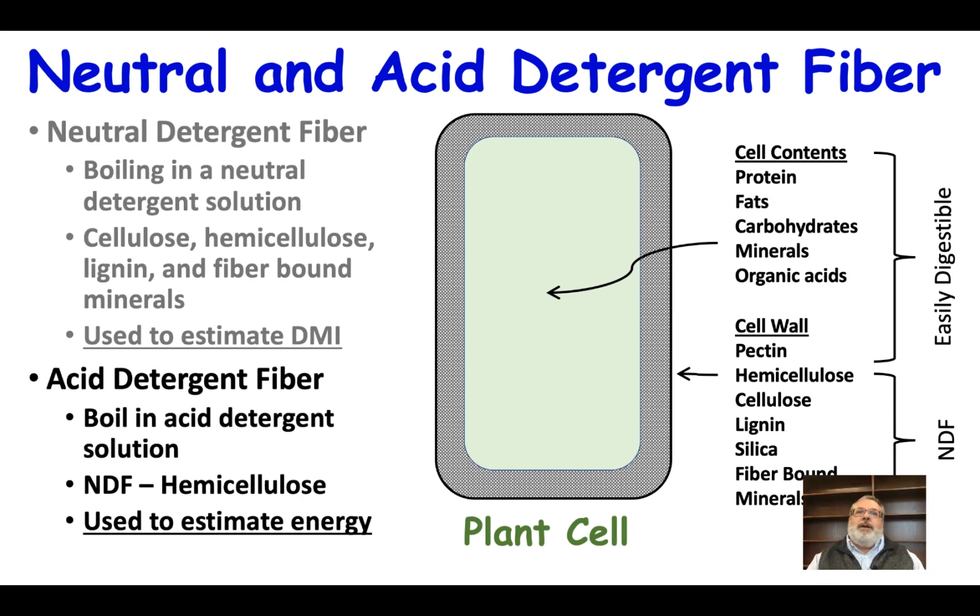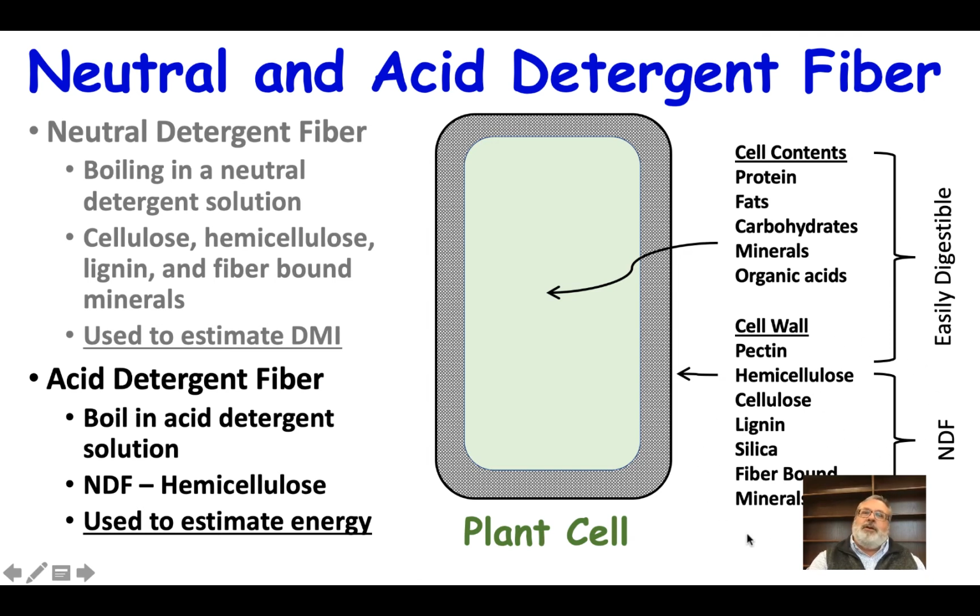So after we boil it in neutral detergent solution, we can take that neutral detergent fiber and boil it in acid detergent solution. And when we do that, we get rid of the hemicellulose. So what we have left then is cellulose, lignin, silica, and fiber-bound minerals.